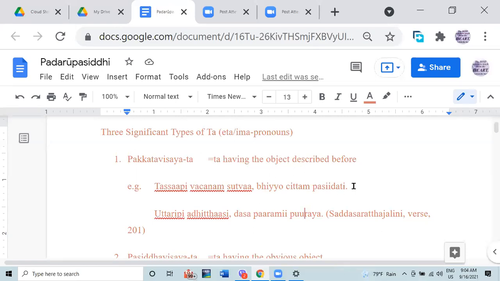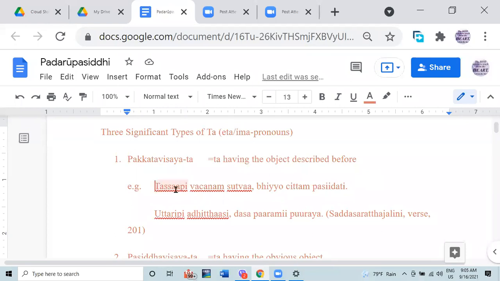Bayo, we can say, very much. Chaitan, mind. Pasidati, like happy, I think so. So the mind is very pleased, or very clean, after hearing the word of him, tasabi vajana.